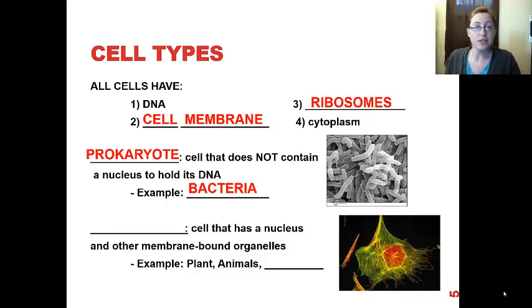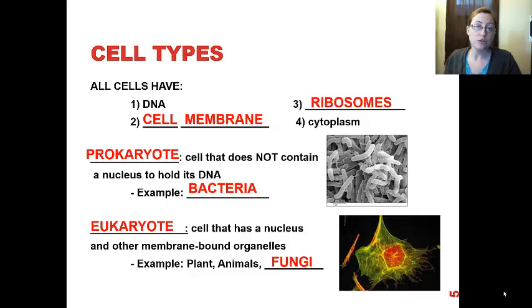They are very simple, very reduced in structure, and because of that, they do not have a special nucleus for holding their DNA. Eukaryote cells, or eukaryotic cells, they do have a nucleus and they have other cell parts, and that's going to cover pretty much everything else. So that will be your plants, your animals, and fungi.